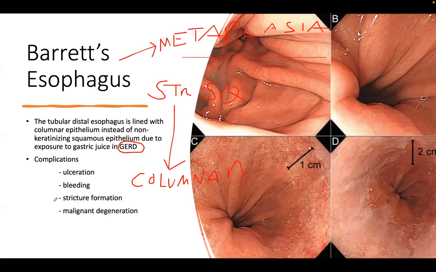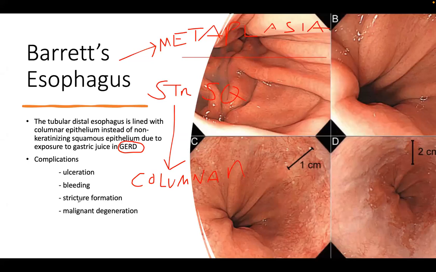The goblet cells. Now, what are the complications of Barrett's esophagus? Ulceration, bleeding. Okay, there can be the formation of strictures and malignant degeneration. Now, which of these four complications do you think is going to come out in the board exam? Come on, come on. Some are answering bleeding. That's a good answer, but it's not the best answer.